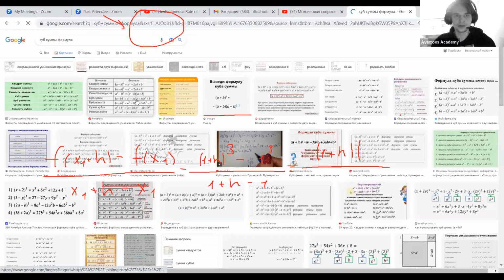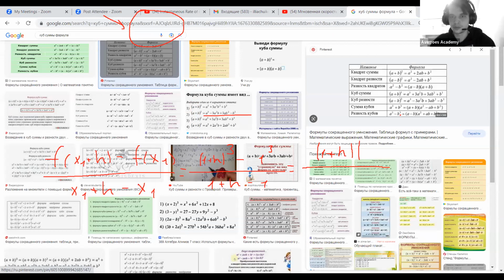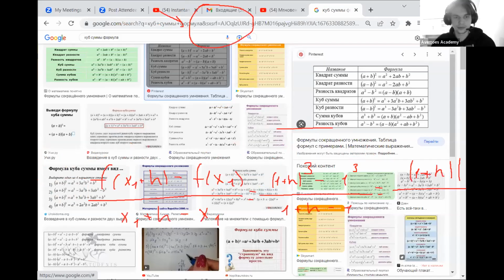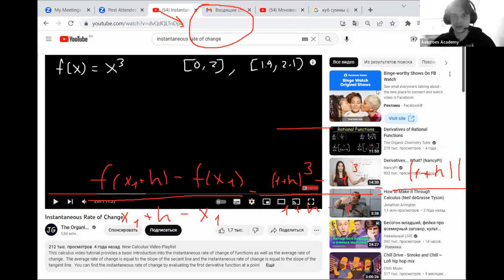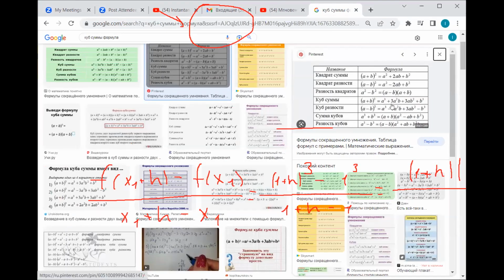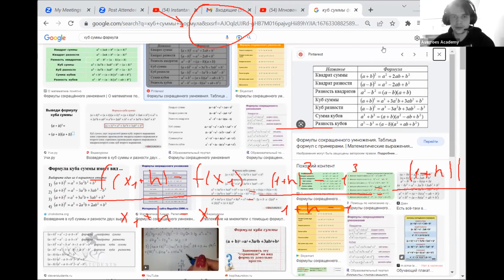Here we have a formula table, and we can see it's going to be a to the third power. Oh yeah, 1, 3, 3, 1. Can you write it down, memorize it?